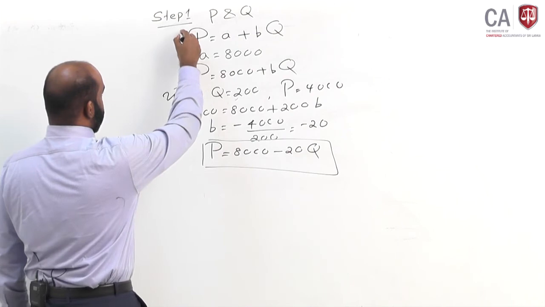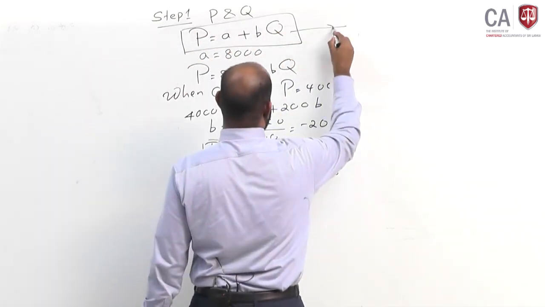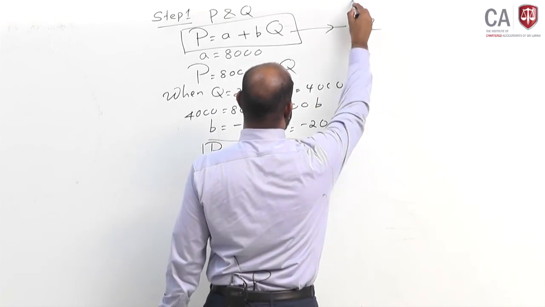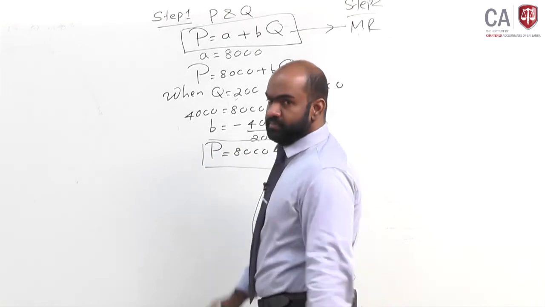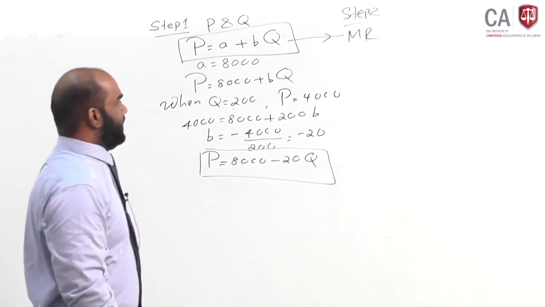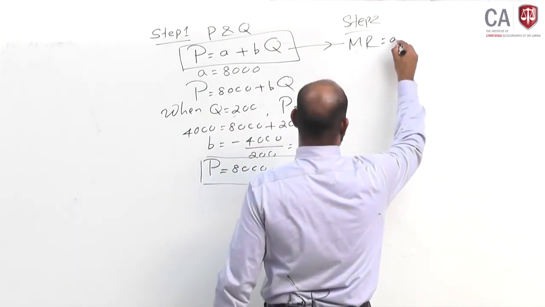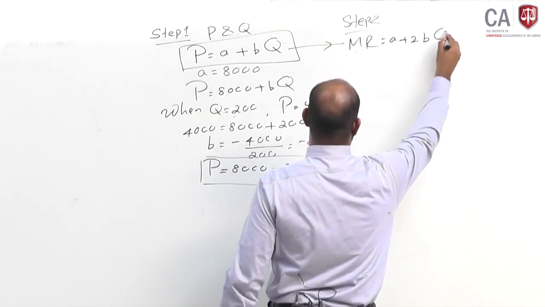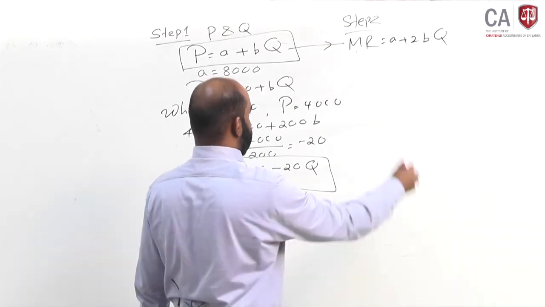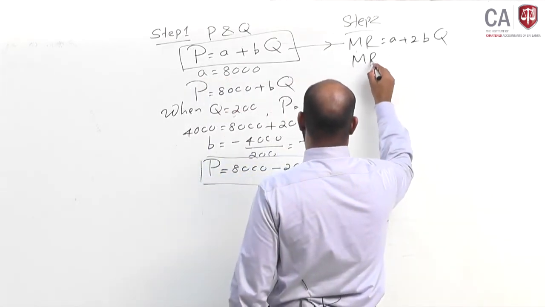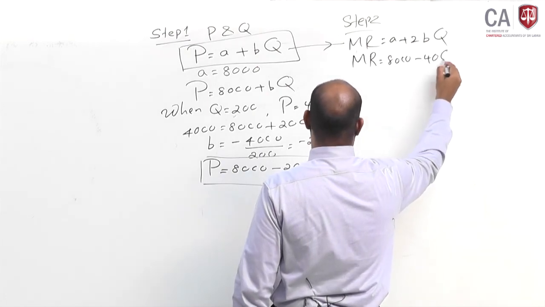So if price and quantity relationship is this, what is marginal revenue? That is step number 2. MR becomes A plus 2BQ. So let me write the marginal revenue equation: 8000 minus 40Q.